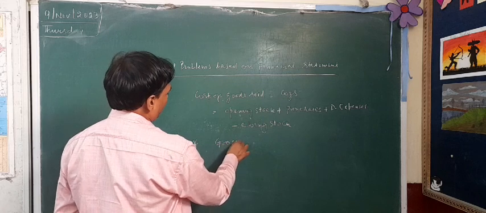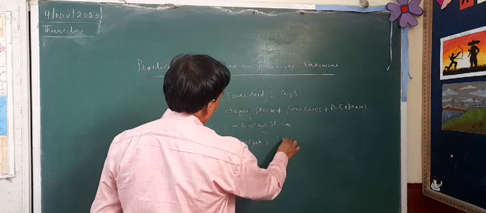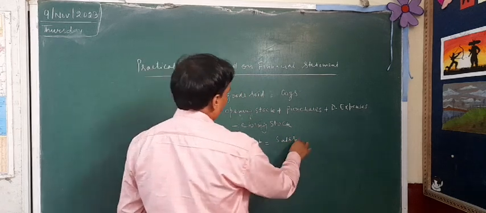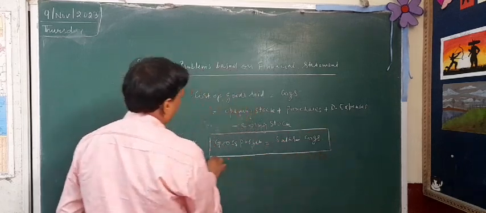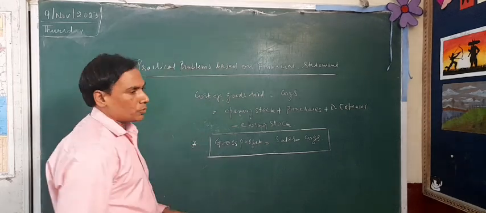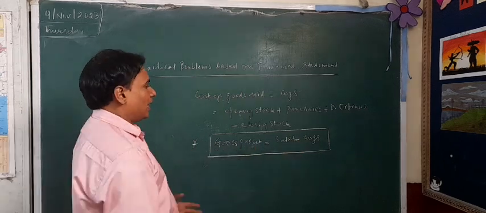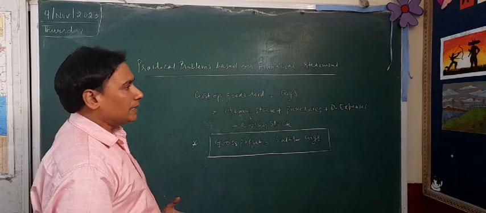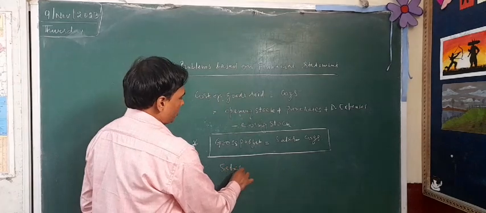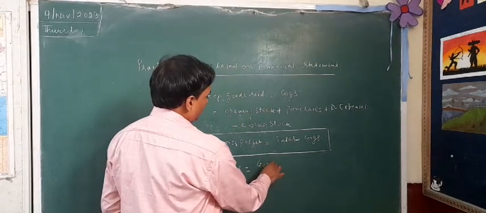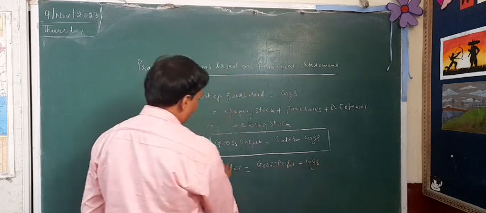If you want to find out gross profit, we can obtain it by subtracting: sales minus COGS, right? So sales minus cost of goods sold will give you gross profit, and vice versa, according to the linear equation transposition method, we can obtain the sales: gross profit plus cost of goods sold, right?